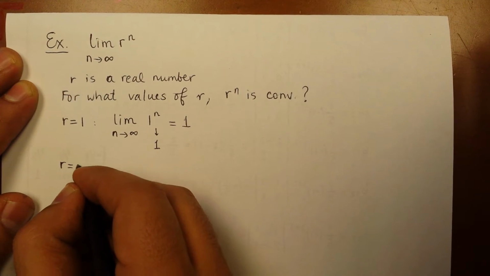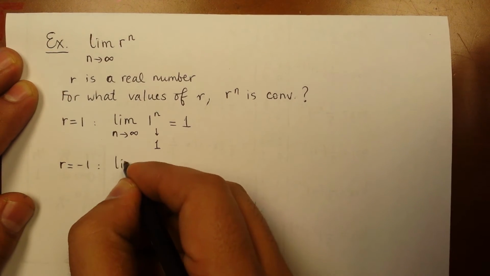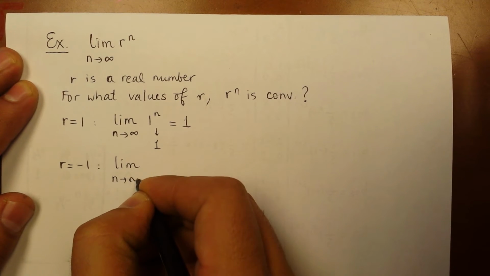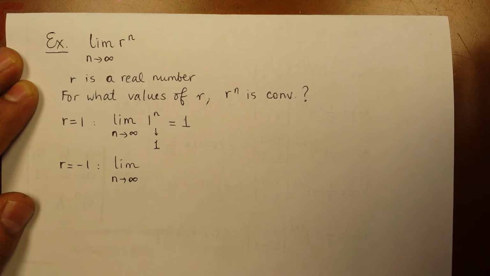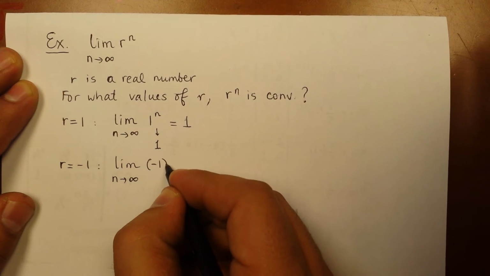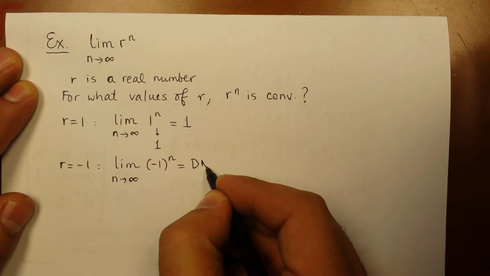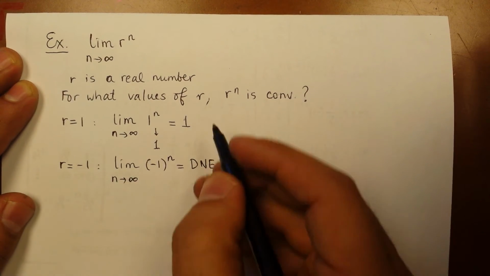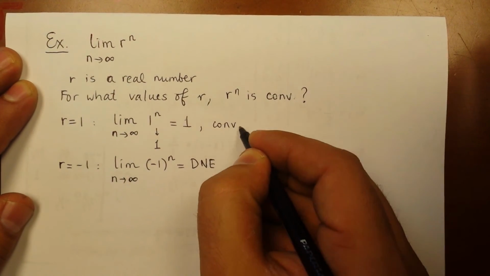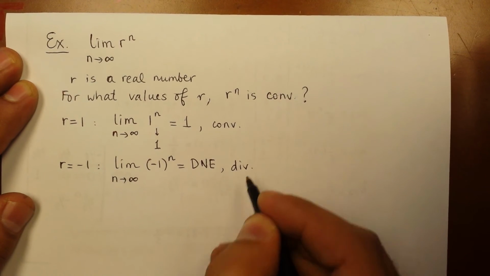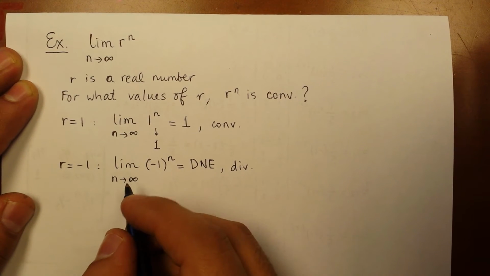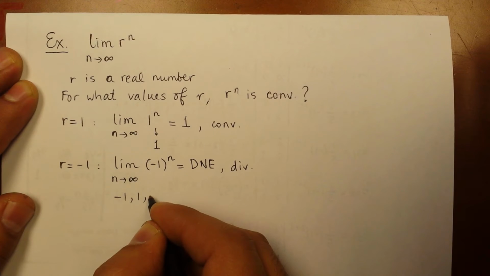If r is equal to, for example, negative 1, then we have the limit as n goes to infinity of negative 1 to the power n. We know this just doesn't exist. So when it's 1, it's convergent. When it doesn't exist, it is divergent. You can see this because if you list the terms, it oscillates between negative 1 and 1.